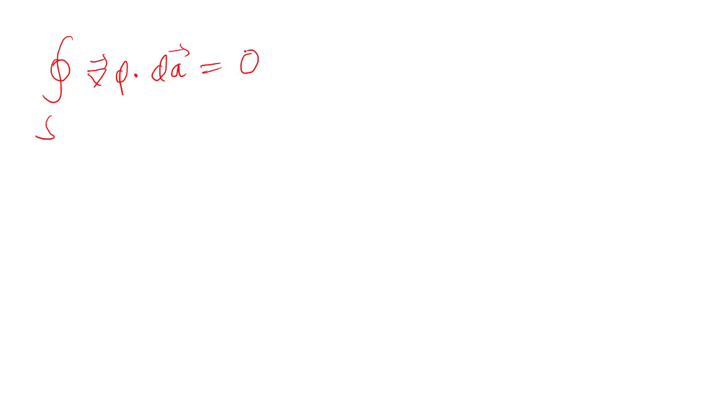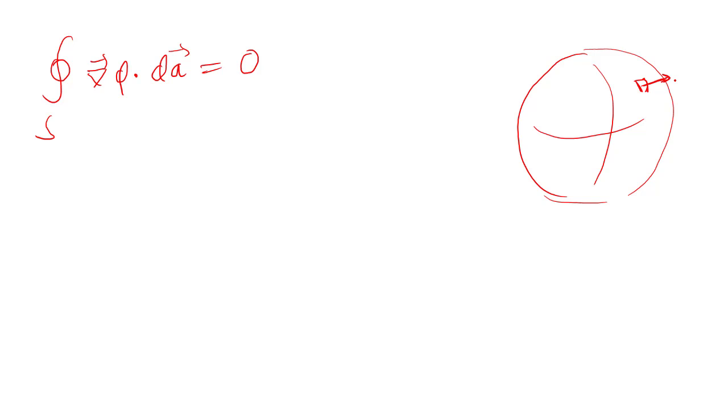Now let's take the simple case of a sphere. If I take some portion here, the area vector is pointing along R. It's perpendicular to the surface. If I take it here, it's pointing up, and if I take it here, it's pointing down.